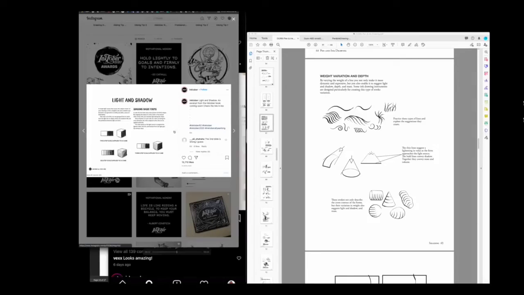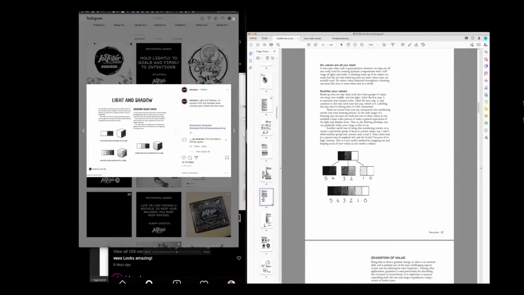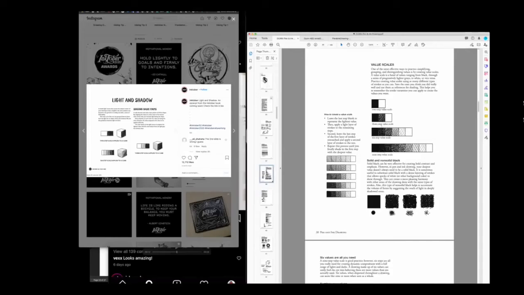An excerpt from the Inktober book coming soon. Wow, where have I seen this? 2-step, 3-step scale, 6-step scale. Oh, man. All right, right here. 2-step scale, 3-step scale, 6-step scale.